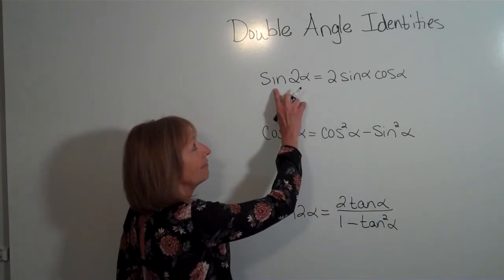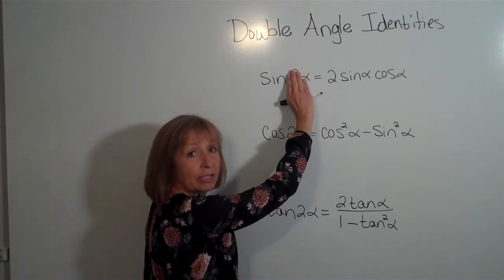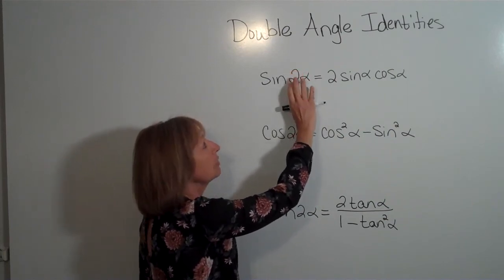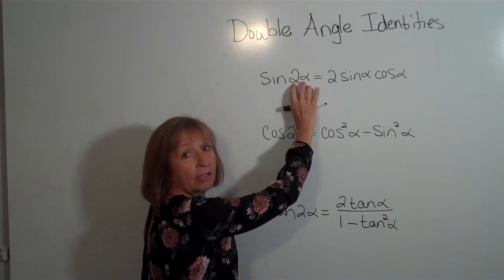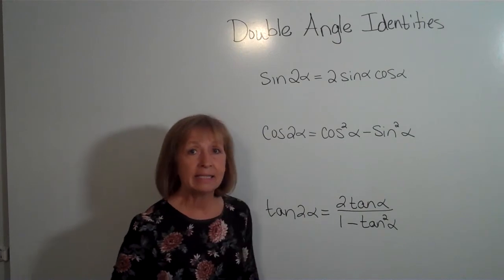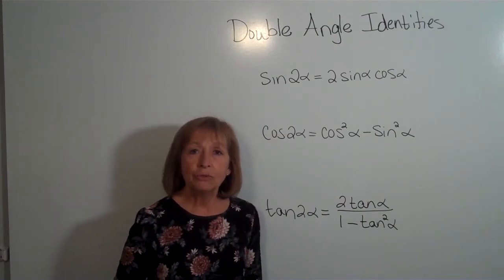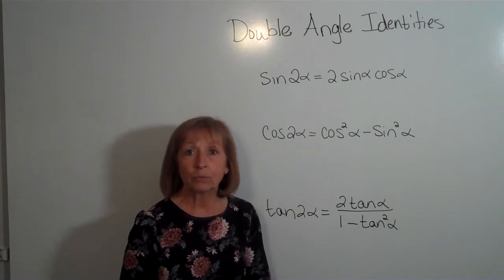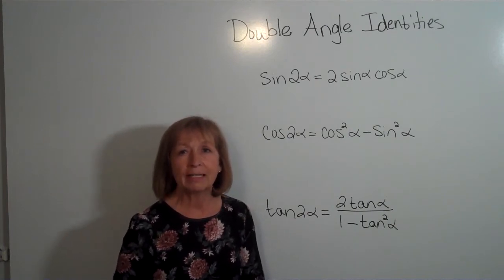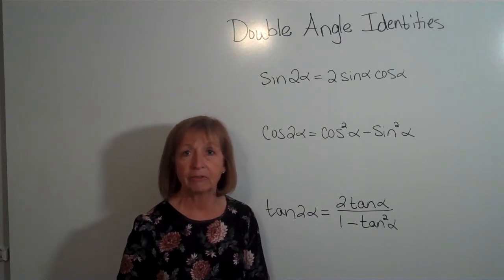So first of all, I have sine of 2 times alpha. So 2 times alpha is the angle that you're taking the sine of. And since it's twice an angle, it's called a double angle identity. Now, when I look at this, I have to make sure that you don't have any sort of rearrangement that you can do automatically, like pulling out numerical factors from in front of the angle and coming in front of the trig function.